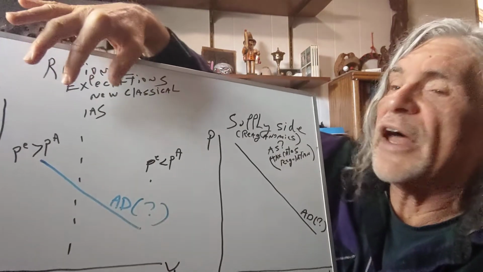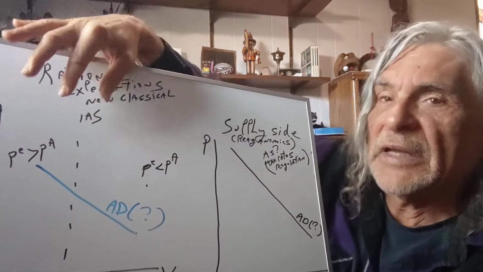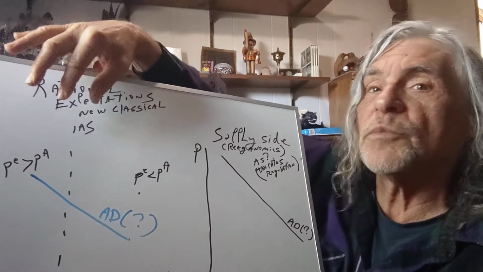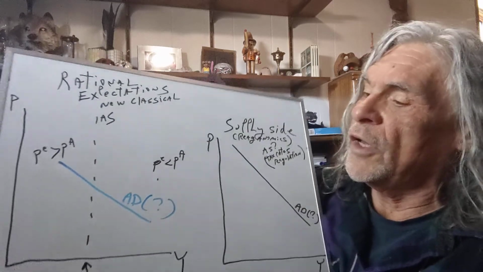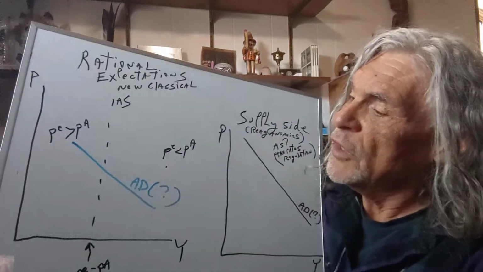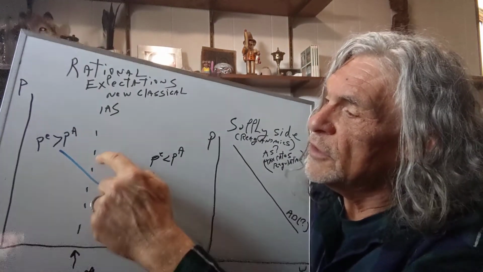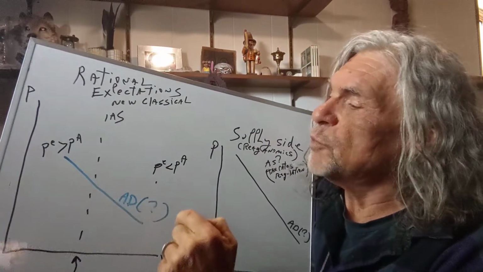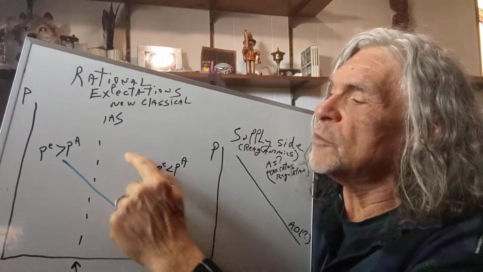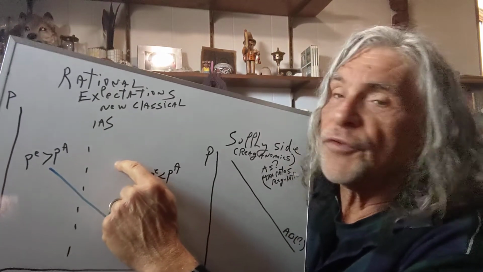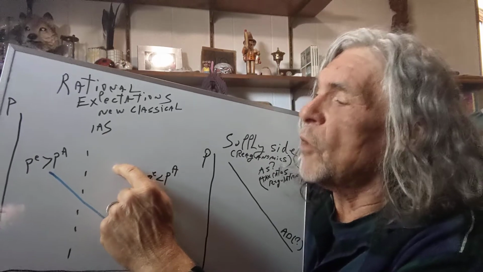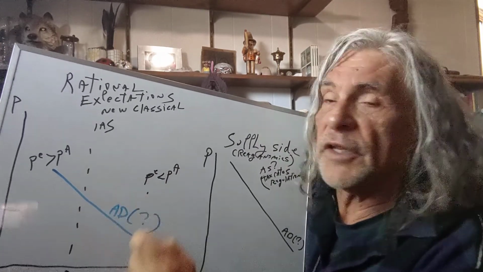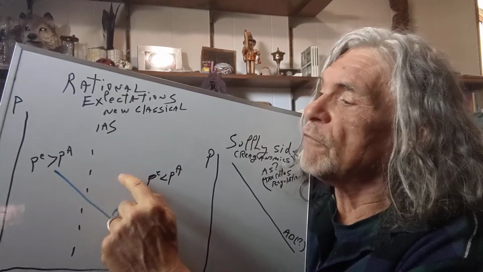It's all about aggregate supply being not vertical always, but vertical on average. So when GDP is above this level over here, it's because workers are fooling themselves into working more hours than what they would if they really understood what the price level was.